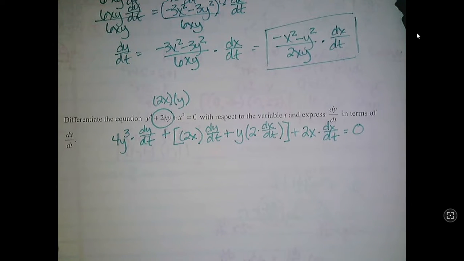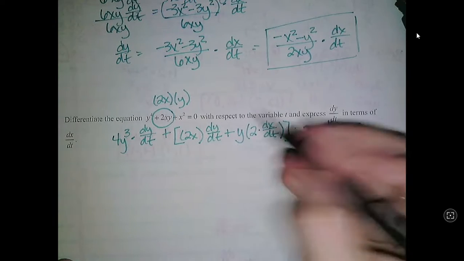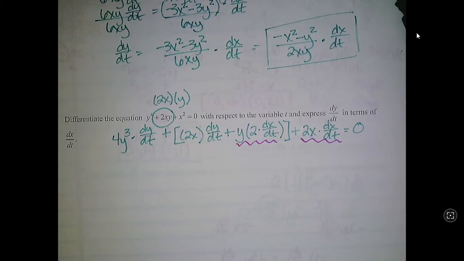So I'm going to take my dy dt's and move them to one side, and my dx dt's to the other. If a term has a dx dt, I'll subtract it to move it to the other side.